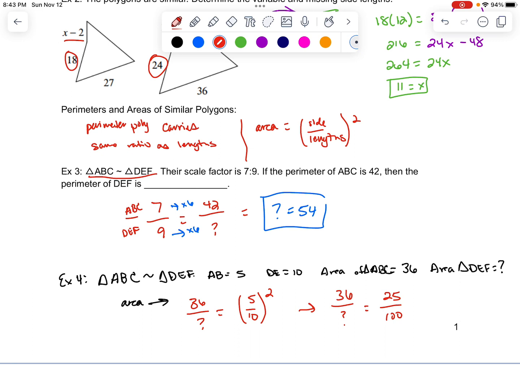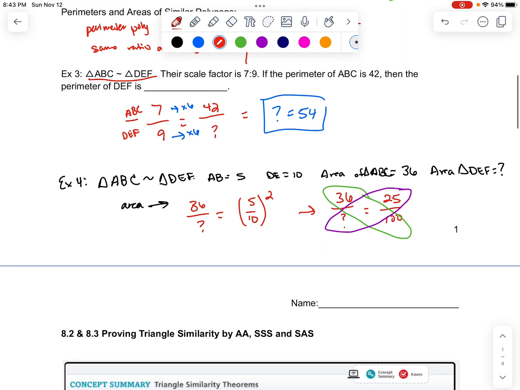Now I can see that this one's going to be a little bit more challenging for me to figure out. So I'm going to do my cross multiplication on this one. So I have 36 times 100 equals 25 times my question mark. And then I just go through and solve. And I get 144.